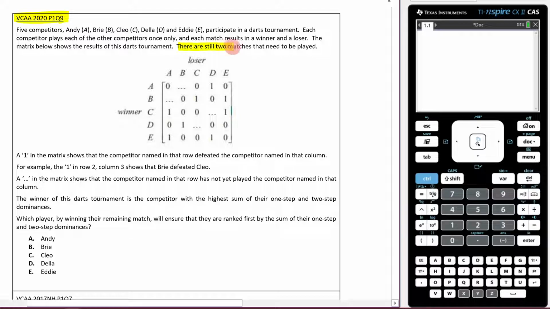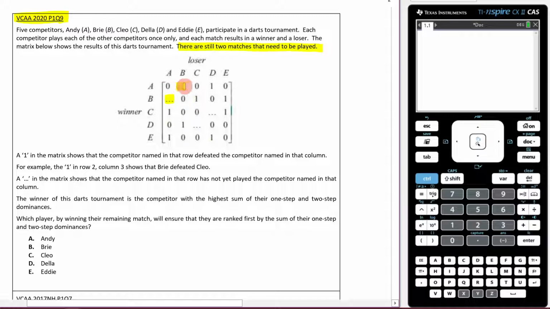There are still 2 matches that need to be played. So if we look over here, we can see that A obviously didn't play against itself, so that's why we put a 0 there. We don't yet know whether or not A has beaten B. That is the game that has yet to take place. It lost against C, it won against D, it lost against E. We don't know the result of the B-A match.